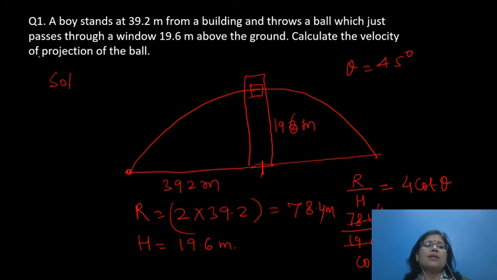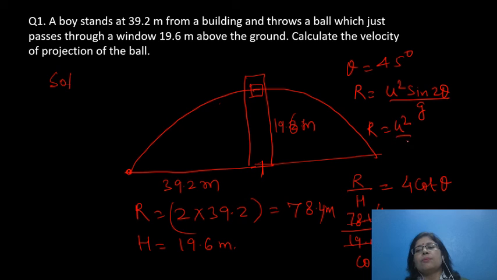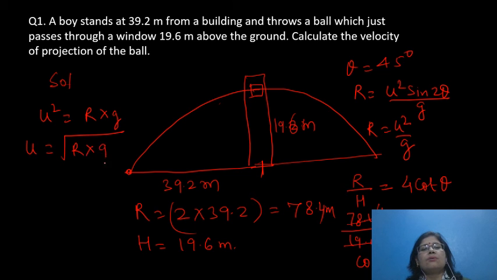Now you have to calculate the velocity of the ball. Take any one equation from the derivation: r equals u square sin 2 theta upon g. And sin 2 theta means sin 90 degrees, so you can write r equals u square upon g. Then u square equals r into g, and u equals under root r into g.